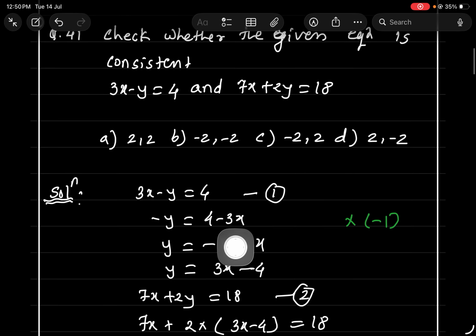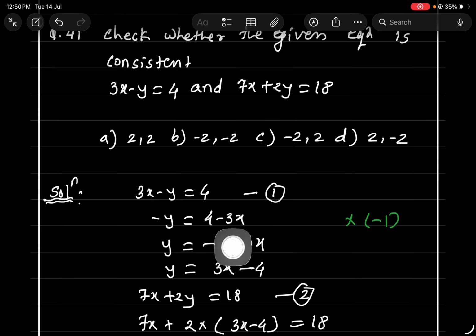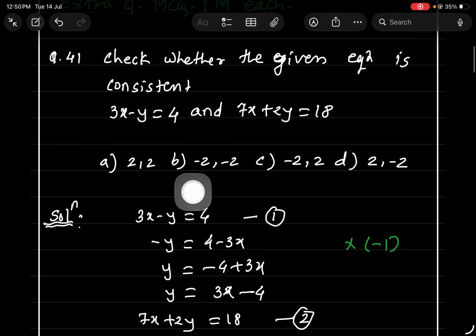So first we have to find out the values. Consistent means... though it is written check, they have given the solution, so we have to find it. The first equation is 3x minus y equal to 4.